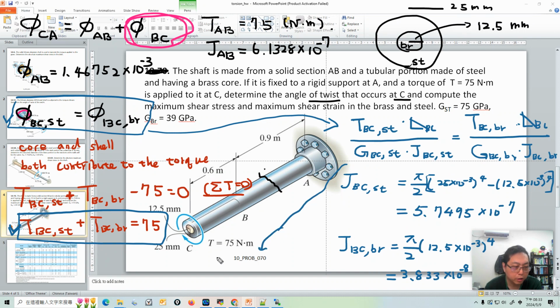Maybe right here. So we have T_BC,ST equal to T_BC,BR. The shear modulus of steel is 75 times 10 to the power 9, and the J of steel is 5.7495 times 10 to the power minus 7, equal to, I don't have any space here, this problem is going to take some time.